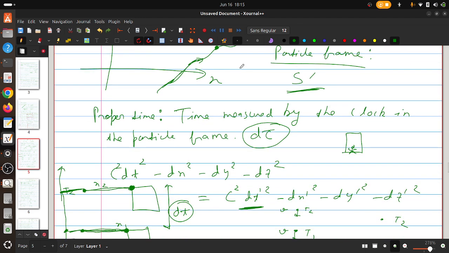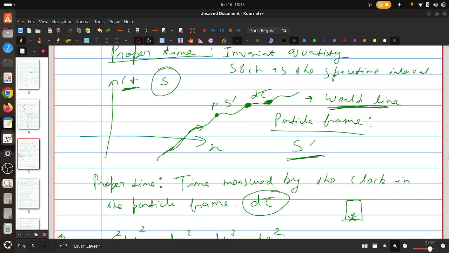So what are we interested in? We are interested in calculating this d tau, given that we know dt, dx, dy and dz, because the particle is moving from here to here. There is a change in coordinates of the particle, which is c dt, dx, dy and dz.